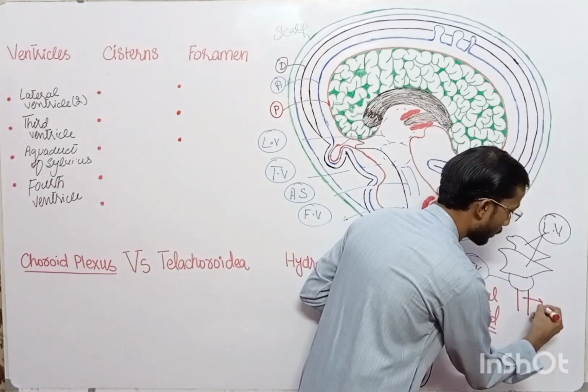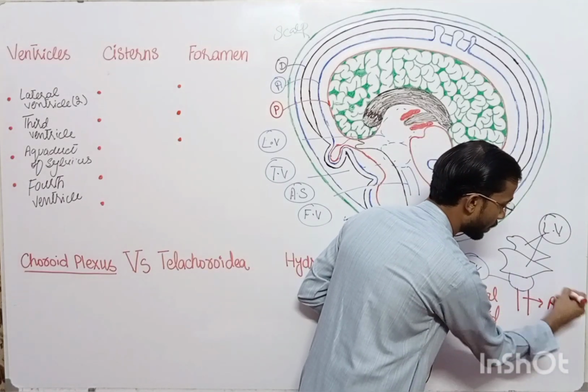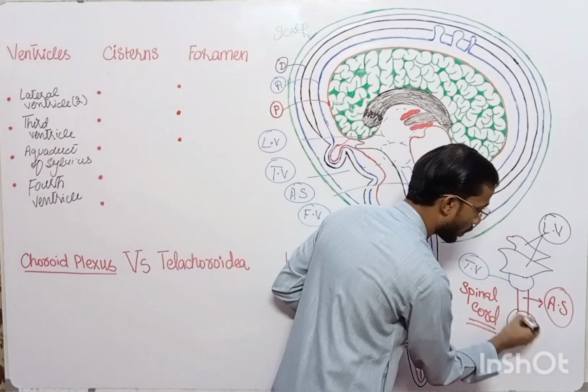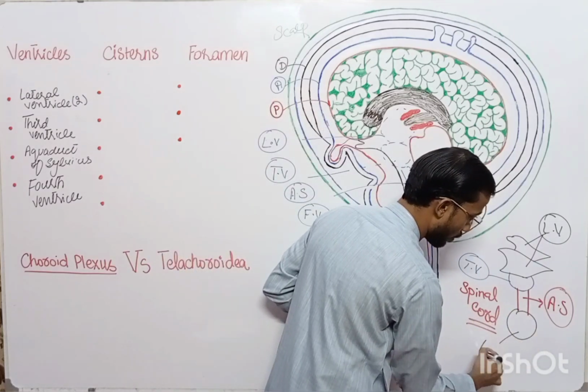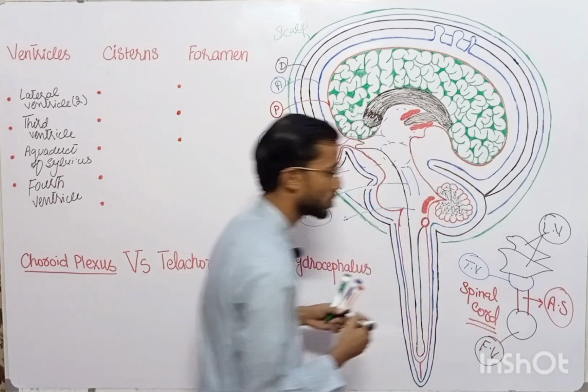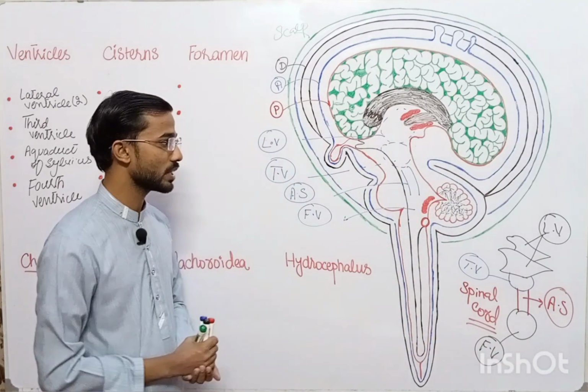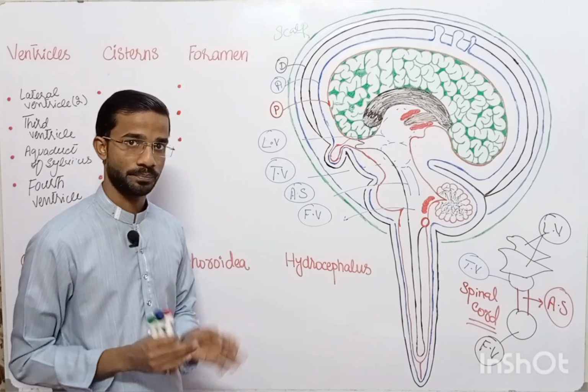This is the aqueduct of Sylvius, and the last is the fourth ventricle. So here are the four components of the ventricular system of the brain.